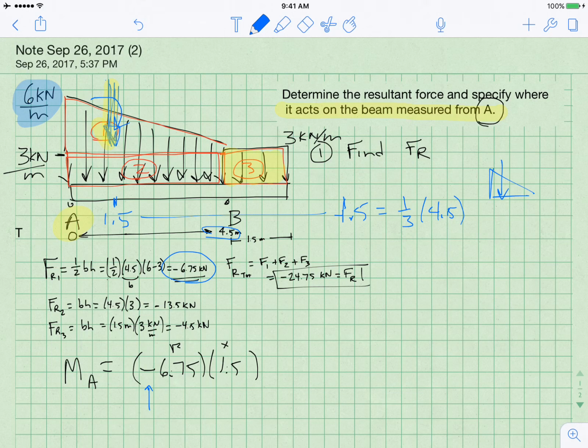Next, we want to add in the moment from F2. And so the resultant force FR2 is minus 13.5, so we will have a 13.5, and it's going to also cause a negative rotation. So we have negative 13.5, which is FR2, and where do we locate this force 2?